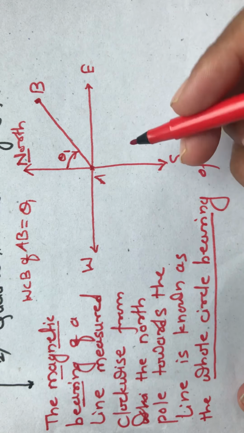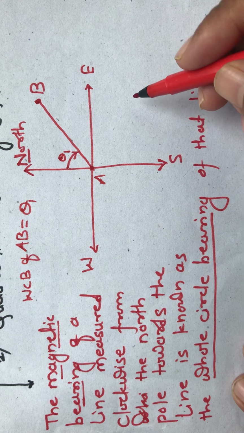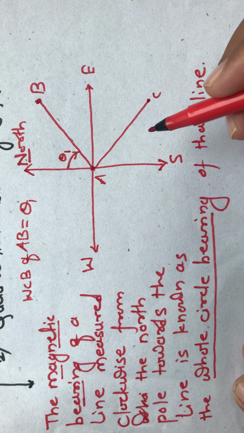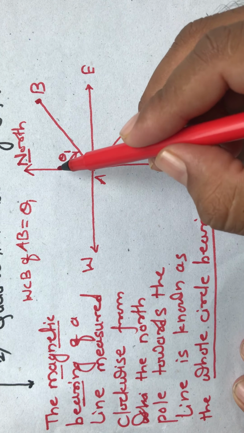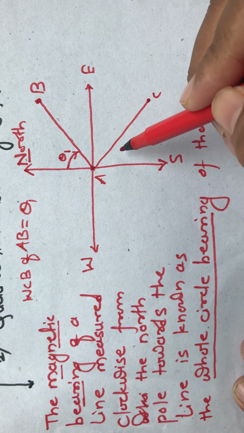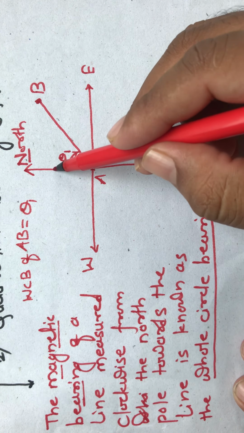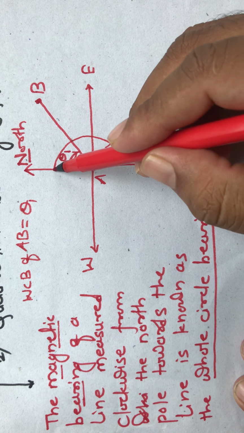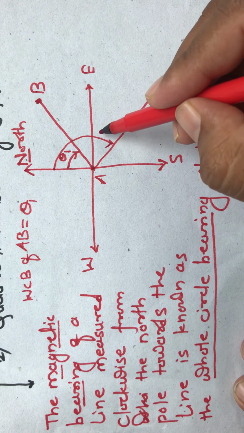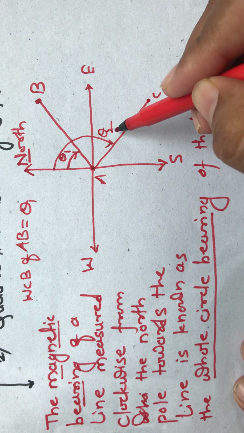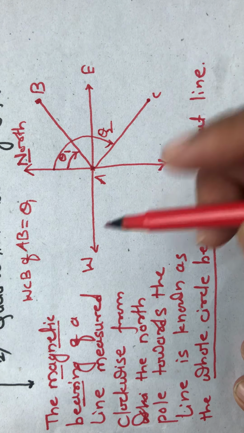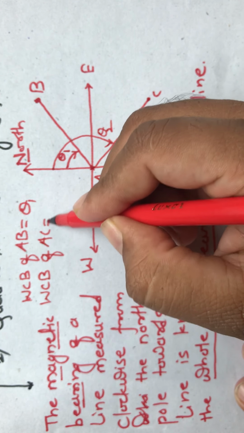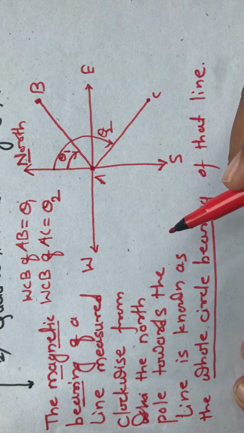Simple. Now suppose in the second quadrant we have a line AC. Here also, the magnetic bearing of the line is measured clockwise from the north pole towards the line. That is the whole circle bearing of AC, which equals theta 2. Simple.